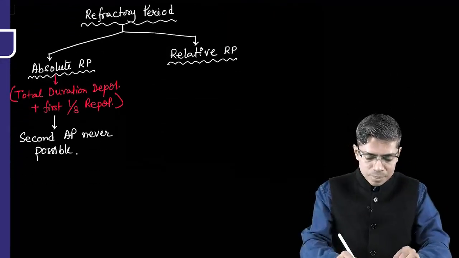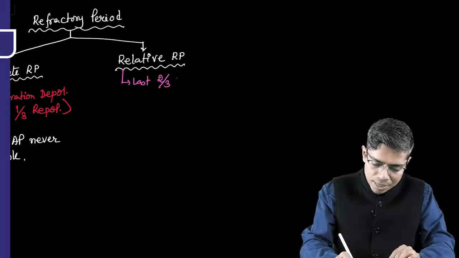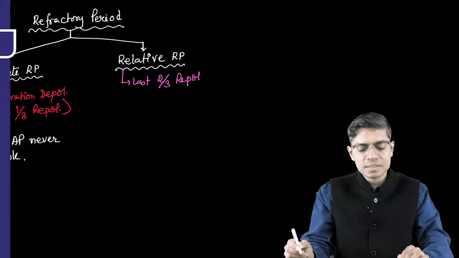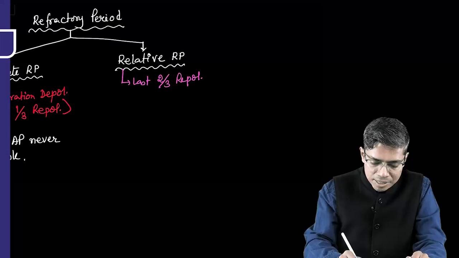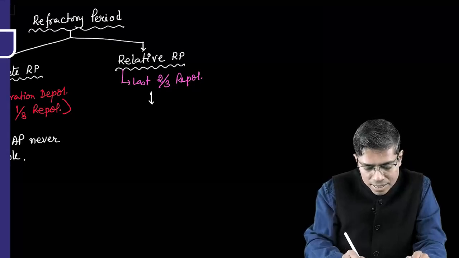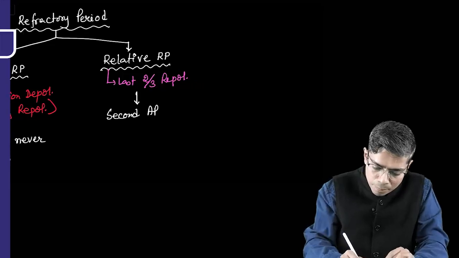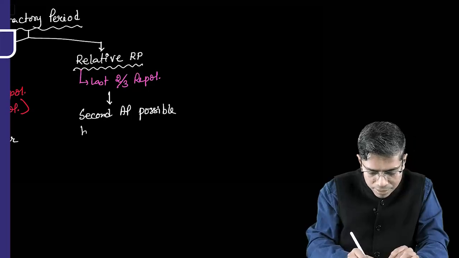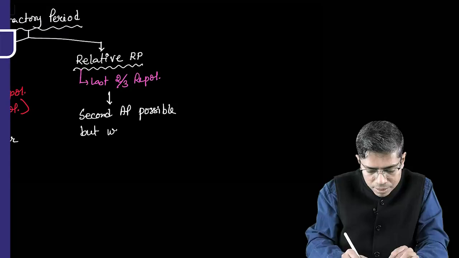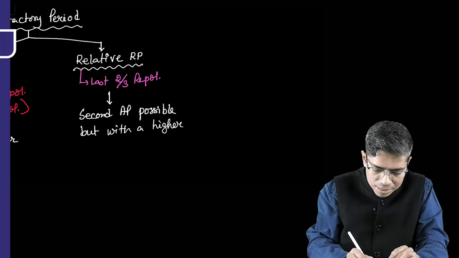So the relative refractory period means the last two-thirds of the repolarization phase of the action potential. The meaning of the relative refractory period is that a second action potential is possible, but with a higher strength of stimulus.